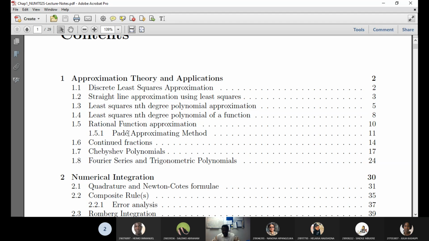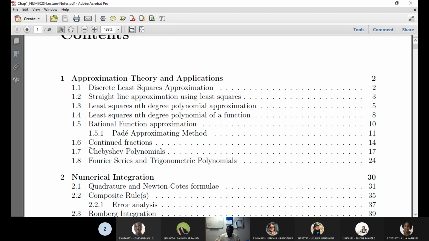And there is the Padé approximation, or approximating method, that we will tackle under rational function approximation. The purpose of the Padé here is to find a rational function that will approximate the given function f that I mentioned earlier on, under some restrictions.